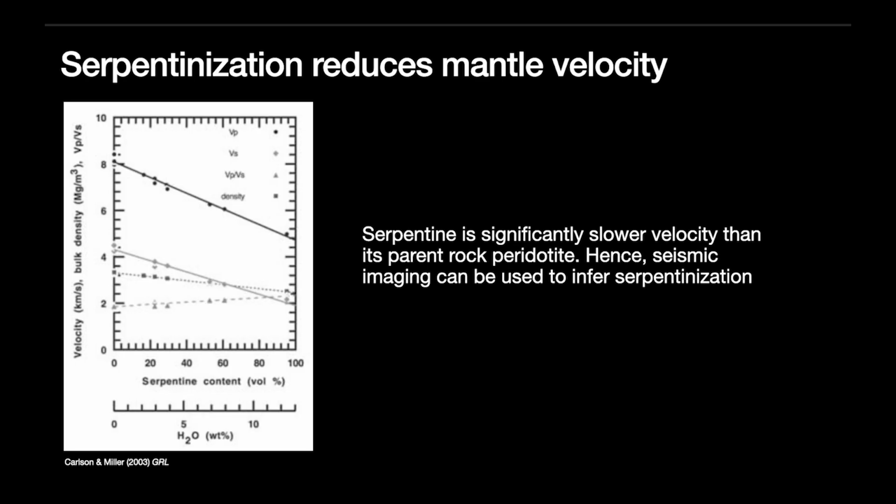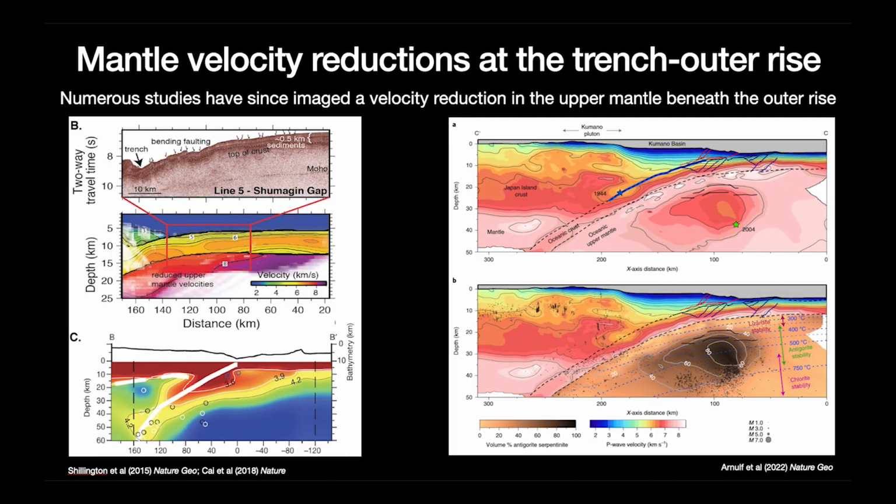Serpentinites are slow. Therefore, you can use seismic velocity imaging to say, is there a reduction in the mantle in its velocity? If there is, maybe we can assume it's because of this. How much is there? Okay. And there's been tons of studies from several subduction zones by now that confirm this, that see these reductions in velocity.